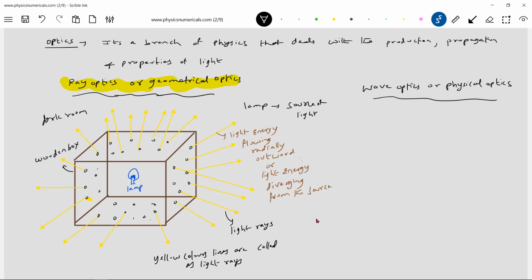If you come to wave optics, the same approximation we are going to make like this.